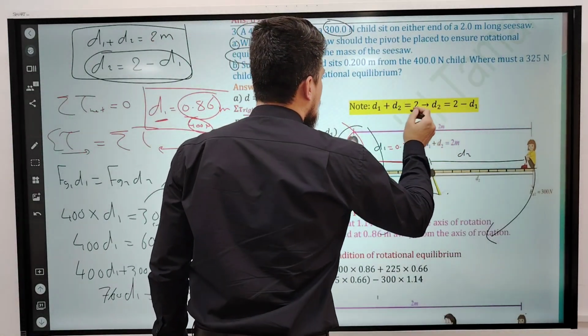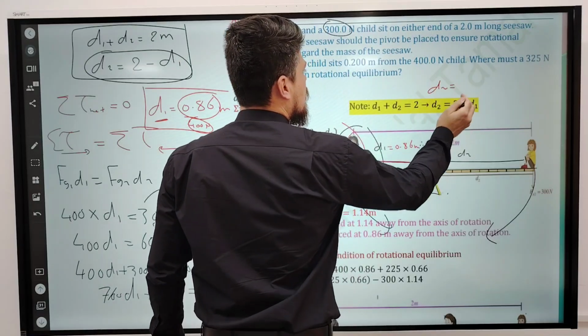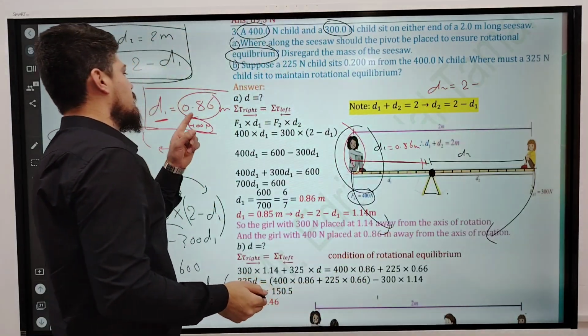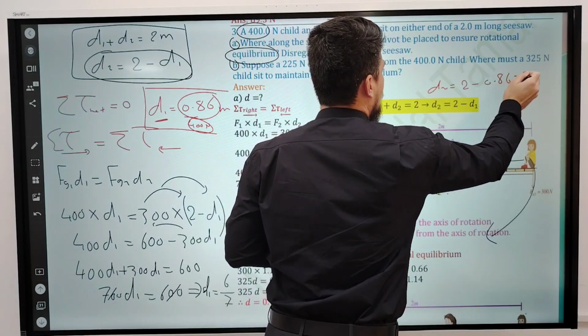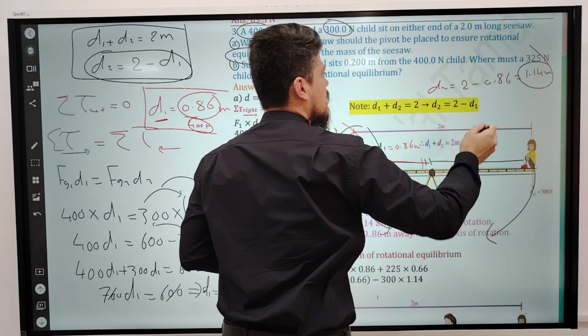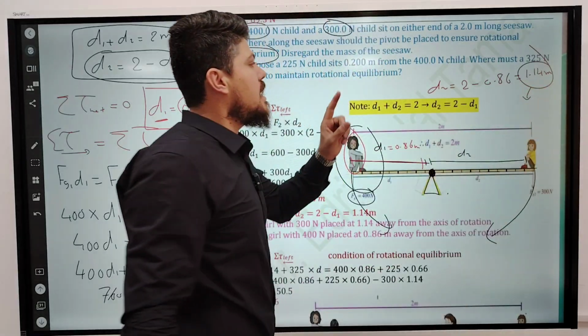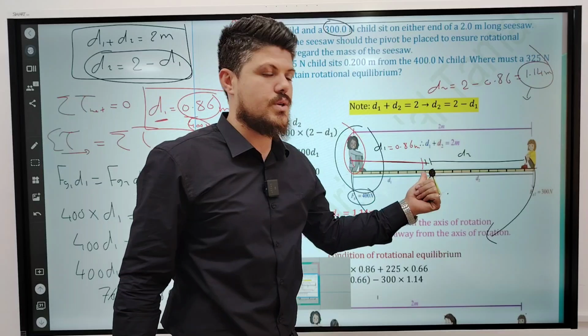Because d1 plus d2 is equal to 2, d2 is equal to 2 minus 0.86, which is equal to 1.14 meter. This distance is the distance from the child with the 300 Newton to the axis of rotation.